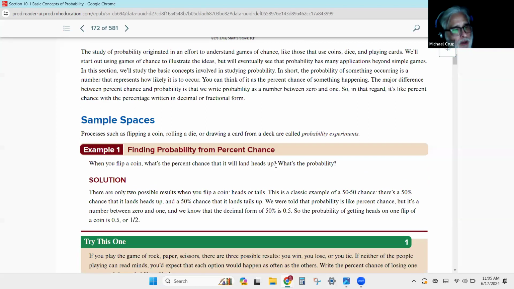We can't predict which one it'll be when we flip the coin, but there's two sides. Rolling a die, there's six sides on a die, so a side with a 1, a 2, a 3, a 4, a 5, and a 6. Those make up the sample space. Drawing a card from a deck, there's 52 cards in a deck.